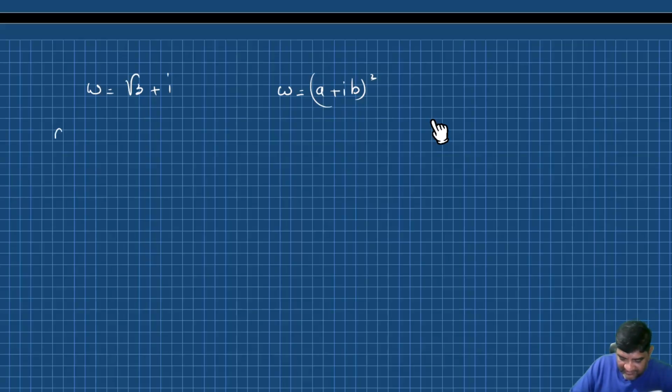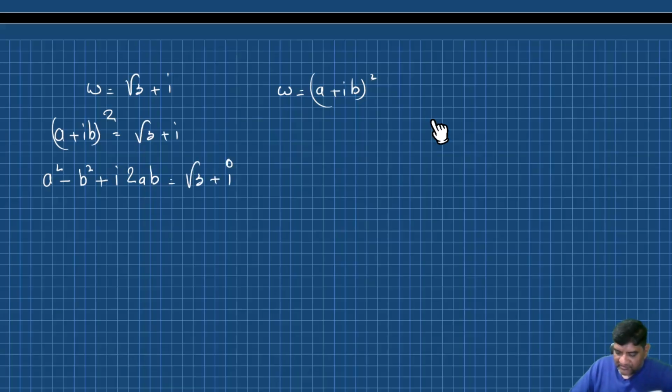That simply means that (a + ib) the whole square is equal to root 3 plus i. Now I'm going to expand this using the (a + b) the whole square formula. a square plus b square, this is going to be i square, which is going to be a minus, plus i 2ab is going to be equal to root 3 plus i.